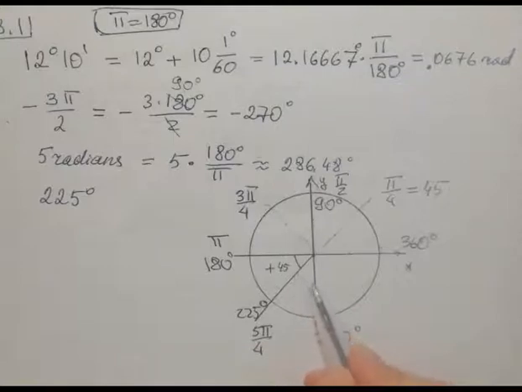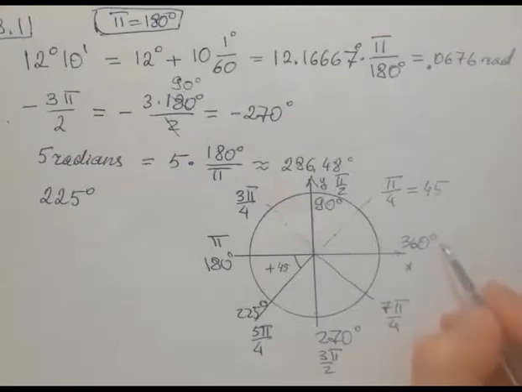Then the next quarter, pi plus pi over 4 plus pi over 4, will be 6 pi over 4, or 3 pi over 2. Then the middle of the fourth quadrant will be plus another pi over 4, 7 pi over 4. And the complete rotation is equal to 2 pi, or 8 pi over 4.